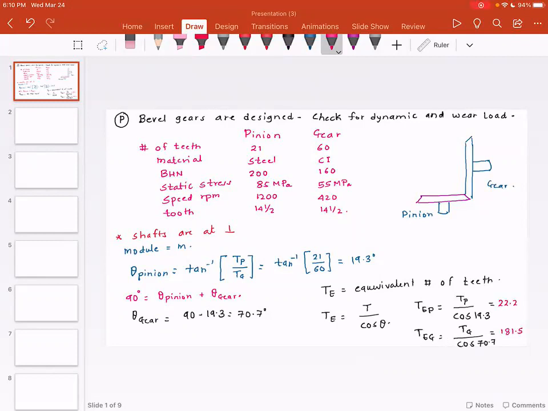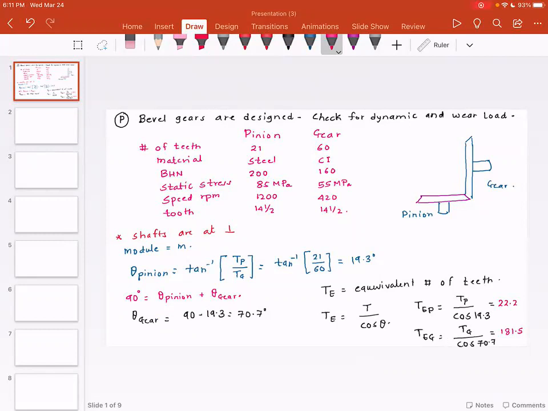Now these values are needed when we find the Lewis form factor. This is the difference between the bevel gear and the spur gear. In a spur gear, theta is actually 0 degrees, so cosine theta is 1, and the number of teeth is equal to the equivalent number of teeth.